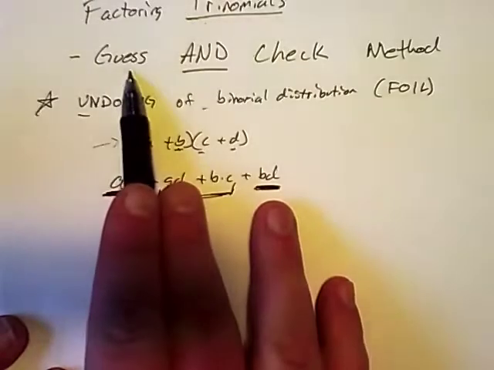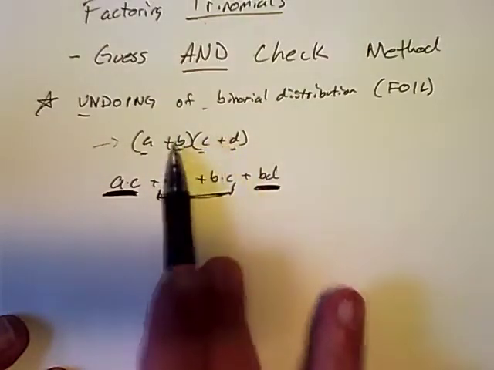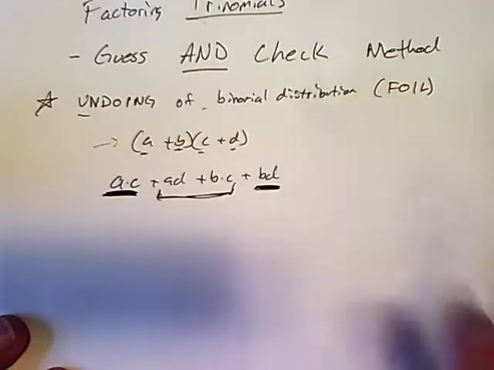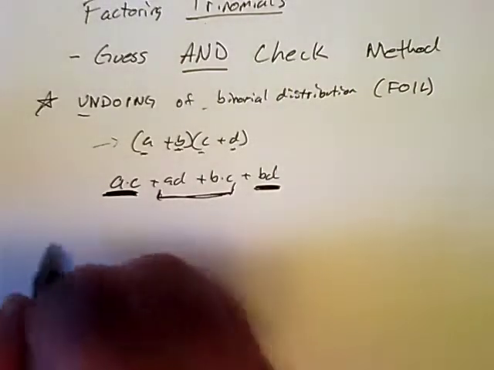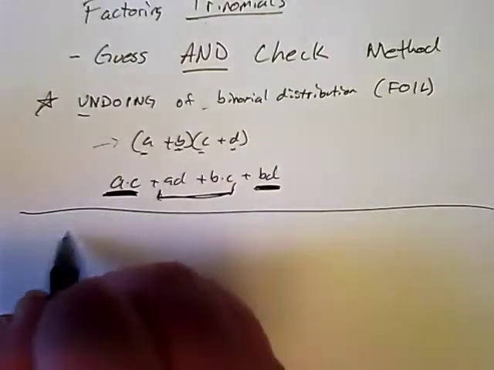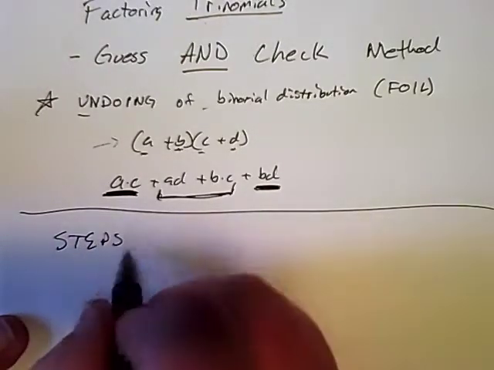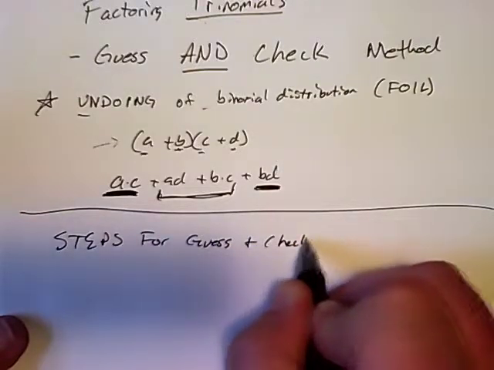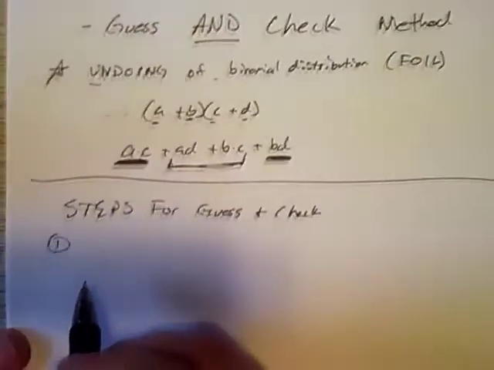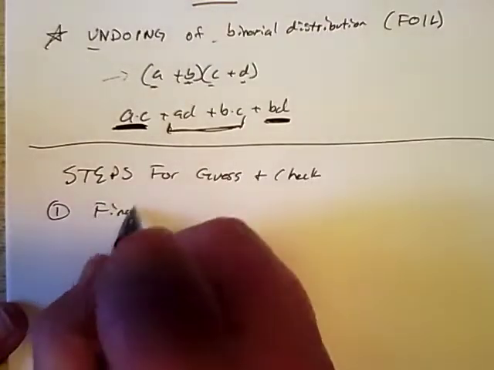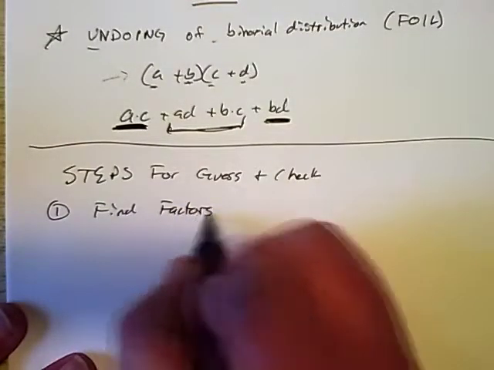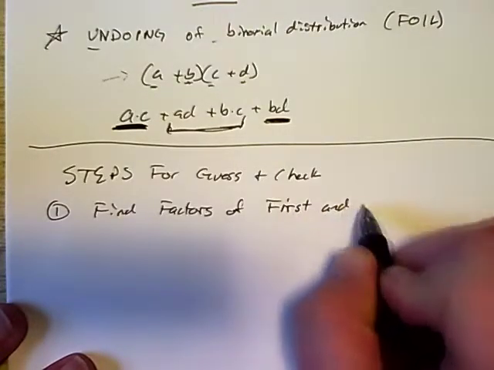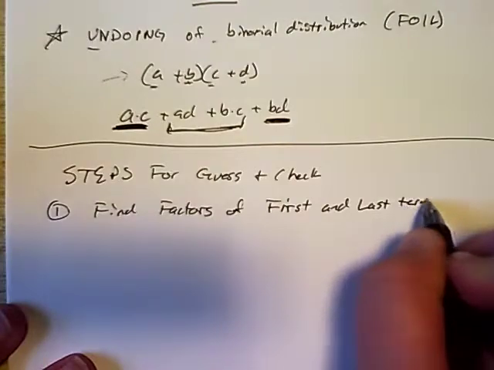Then we're going to make a guess as to what we think the binomials are going to be. It's going to be an educated guess. And then the third part is that we have to check it. Okay? So if I'm going to put steps together, steps for guess and check. 1, I need to find factors of the first and last term.